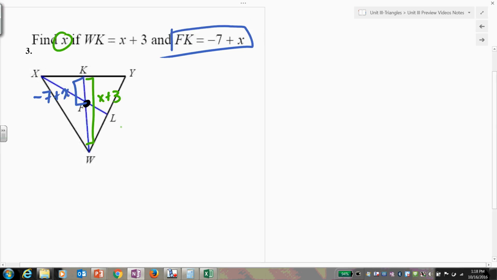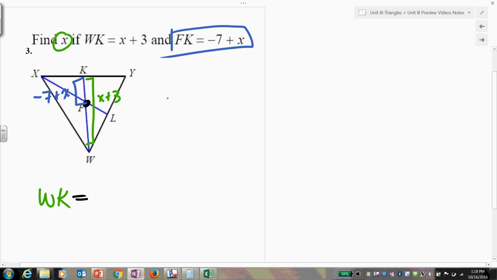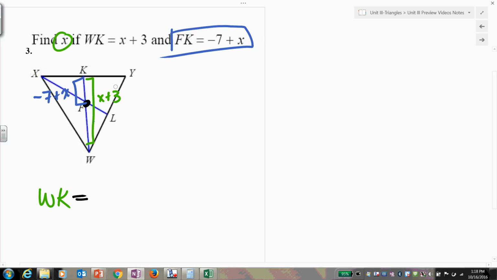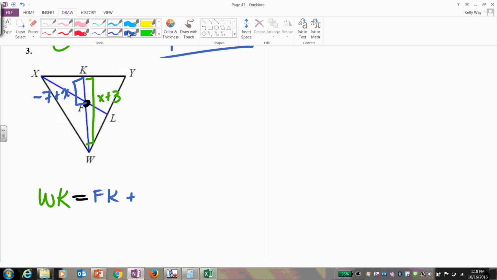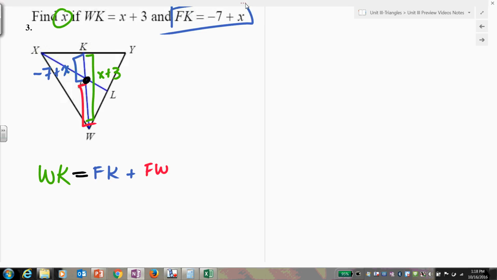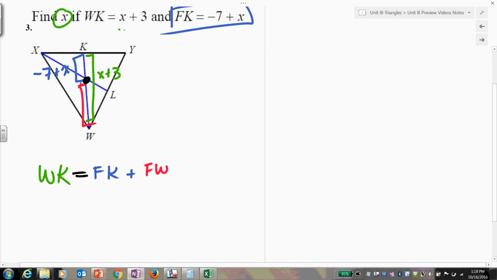Let's do our thing equation first. Our thing equation says WK is equal to FK plus FW, which we don't have. But let's see what we can do there. WK is x plus 3.